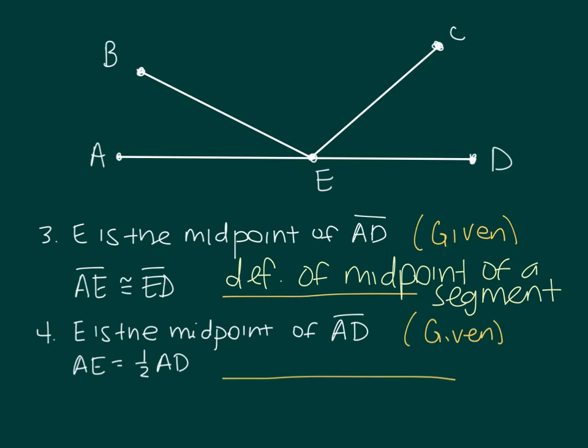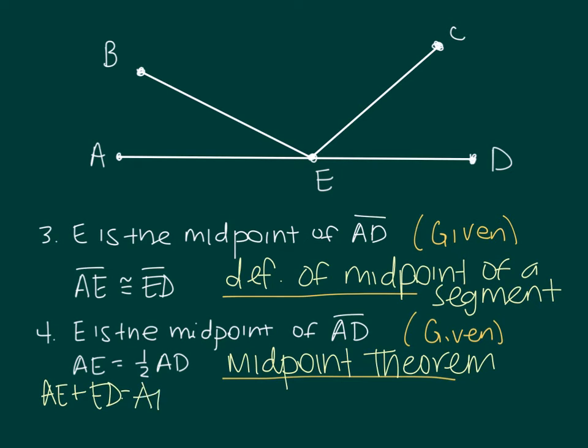If you look at E as the midpoint of AD, that's given to us. AE is equal to 1/2 of AD. This is given to us as the midpoint theorem. And that's because we know that AE plus ED equals AD.